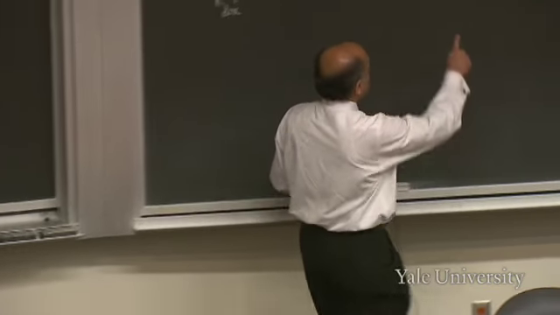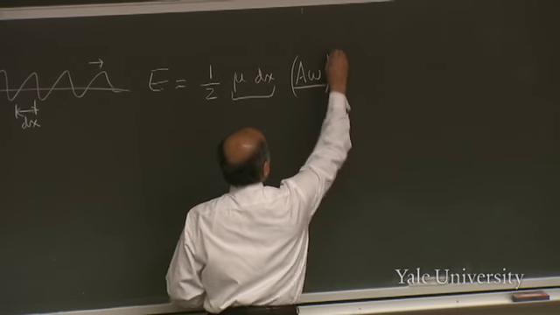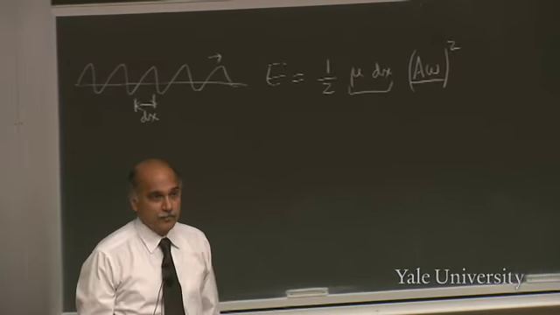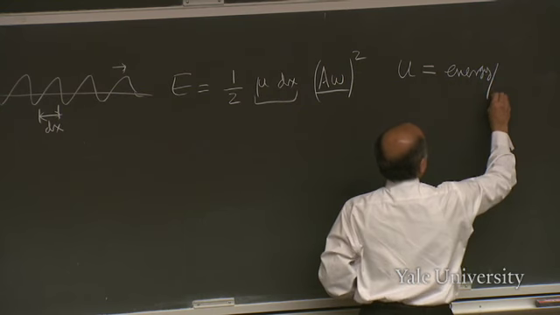So this is A omega as the maximum velocity, and I got to square that. Now this is the energy of a segment of length dx. So what we normally define is a quantity called little u, and that is the energy per unit length.